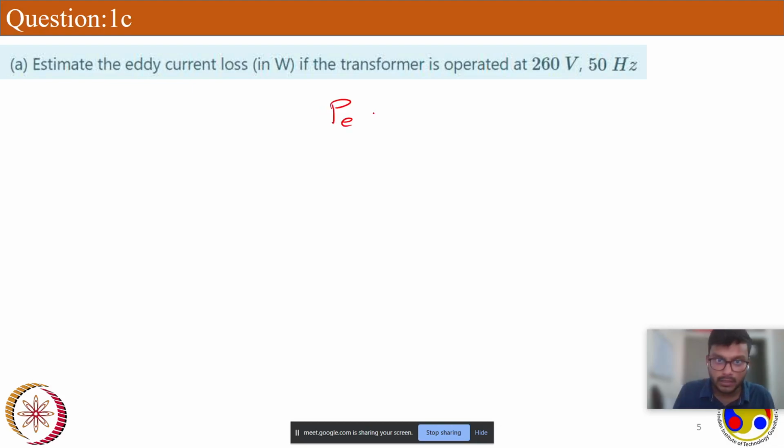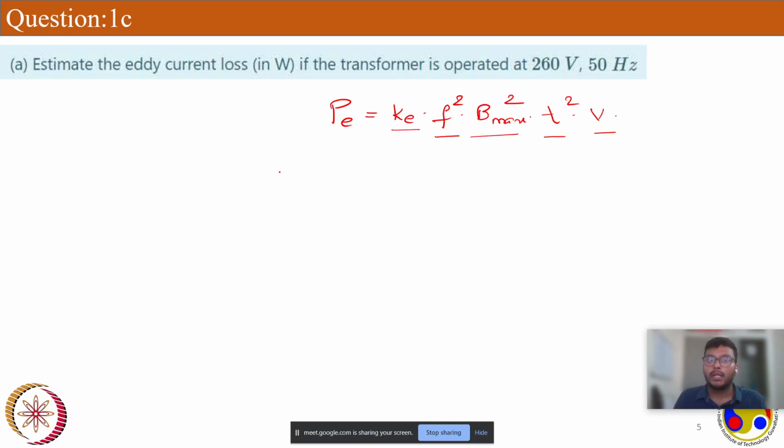Eddy current loss is equal to Ke, the eddy current constant, times frequency squared, Bmax squared, and thickness of the sheet T squared, into V. Here Ke is the eddy current constant, F is frequency, Bmax is the field intensity, T is the thickness of the sheet, and V is the volume of the core.